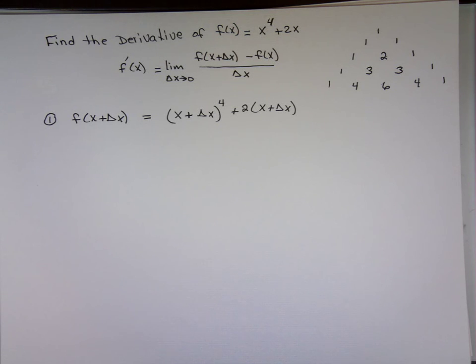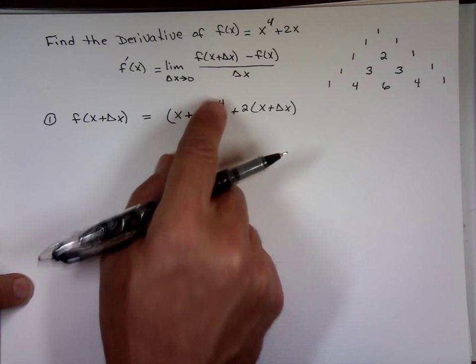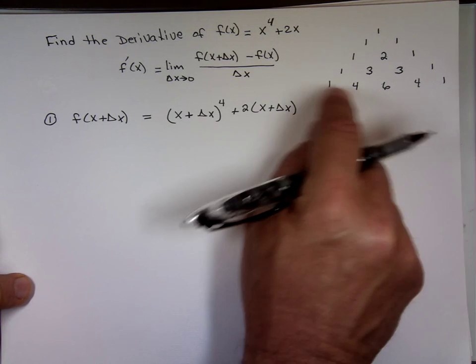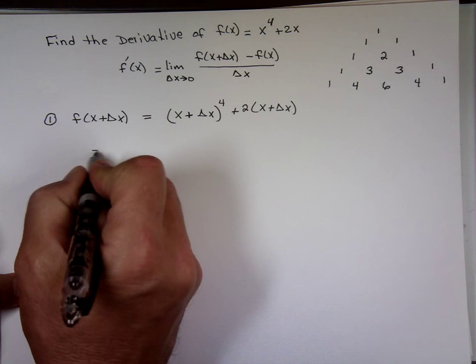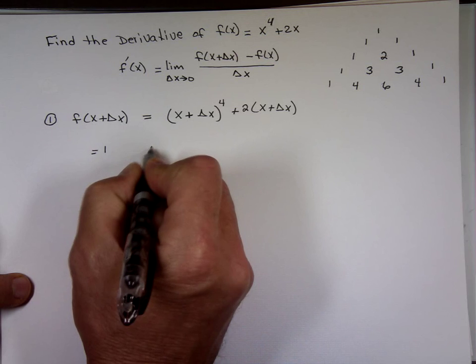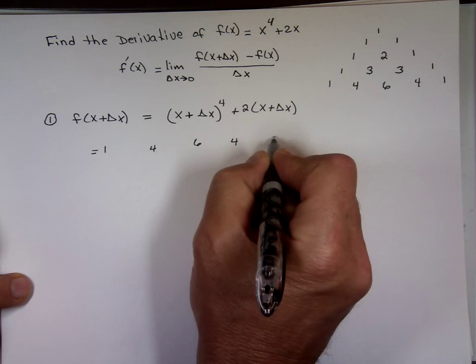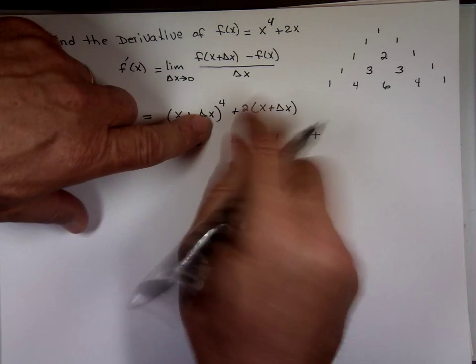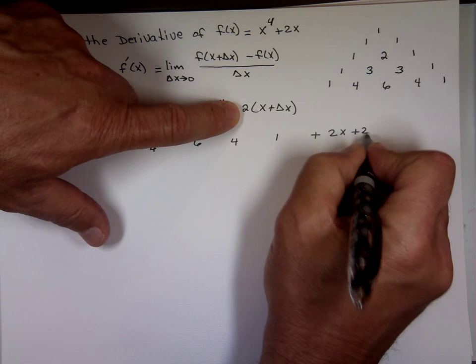So to find the answer to this piece, just the first one alone, these are the coefficients I'm going to be using, because that's when n equals 4. So it's going to be here's the 1, here's the 4, here's the 6, here's the 4, here's the 1, and I need to add to it after that the answer to this, which is what? 2x plus what? 2 delta x. That's this piece.